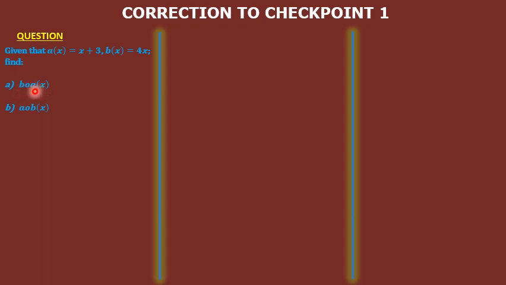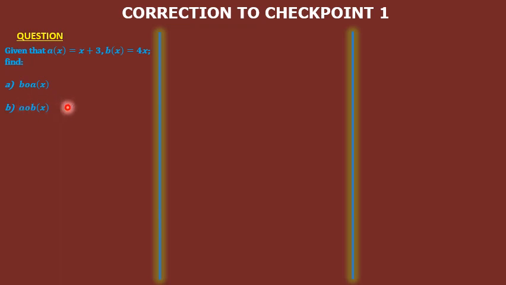In this case, we are looking for a composite function such that the output of function A will be regarded as the input of function B. And question B simply means we are looking for a composite function in which the output of function B will be set as the input of function A, and that's what we call function of a function.